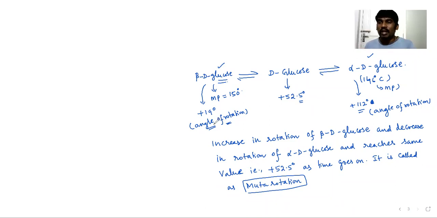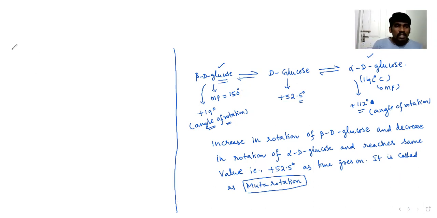So the third drawback can also be overcome by the cyclic structure of glucose. Hope it is clear. We have given the alpha-D-glucose and beta-D-glucose cyclic structures, how they exist, and we have explained mutarotation clearly too. Hope the point is clear. So mutarotation can be explained by the cyclic structure of glucose.